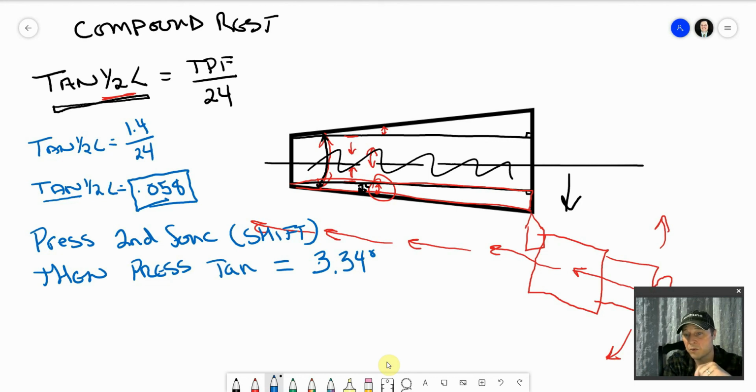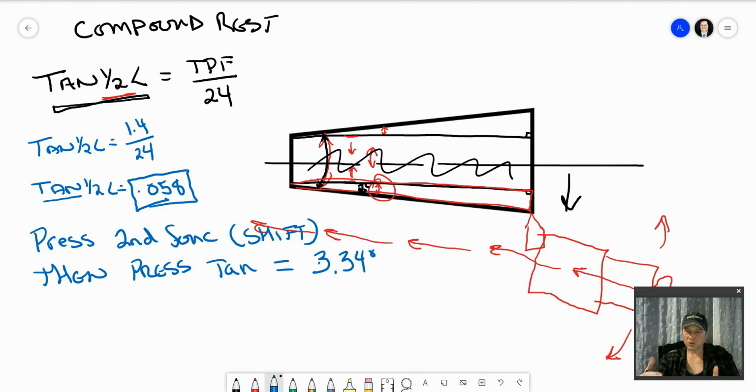So this is 3.34 degrees. So what that means is that we take the compound rest, swivel it to 0, and then around the circumference of the compound rest at the base there's your protractor.